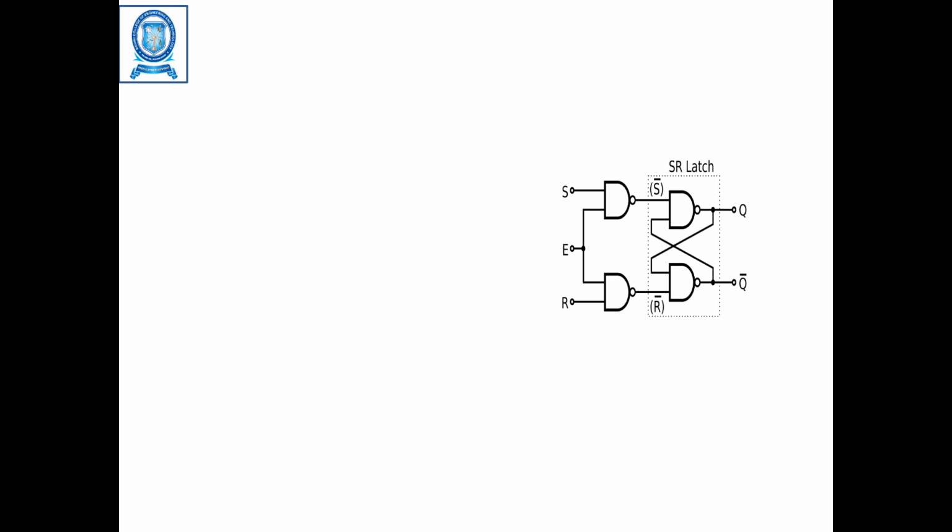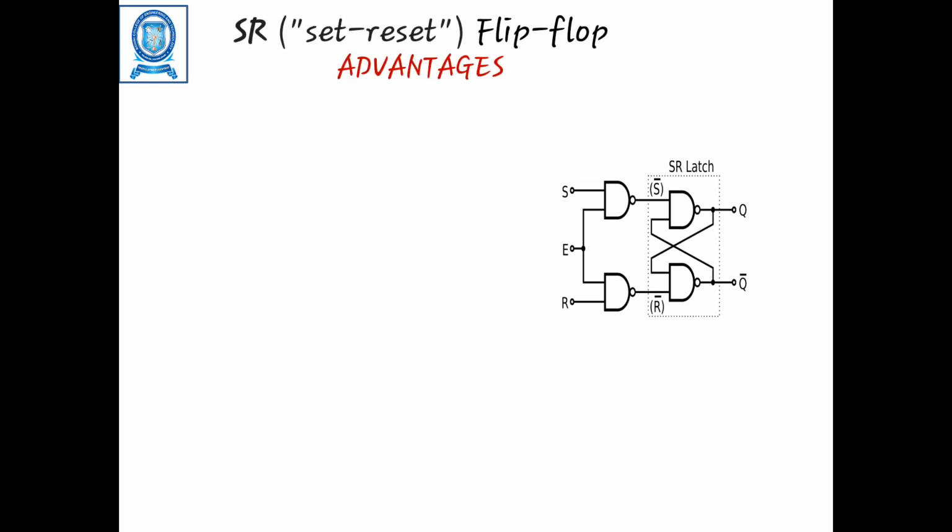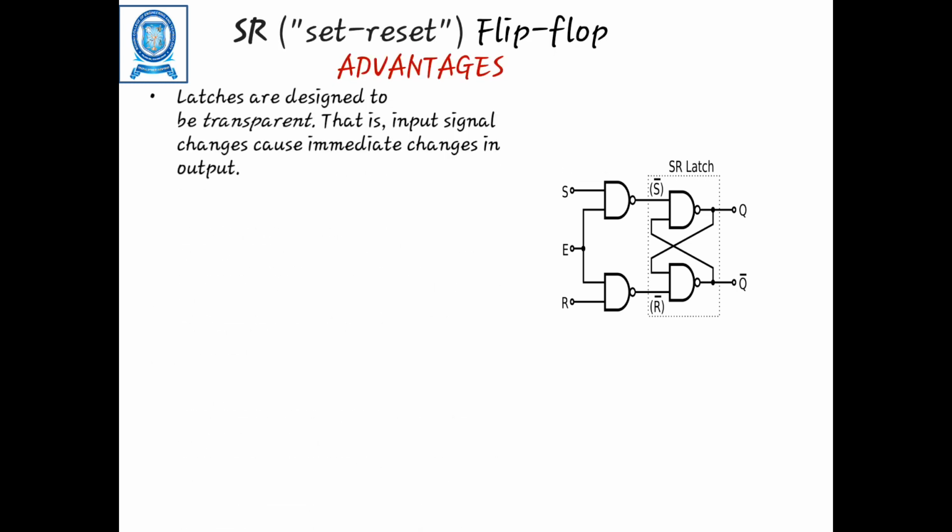Before moving to SR flip-flop, we have to know about SR latch. The difference between latch and flip-flop is only the way of triggering. Latches are designed to be transparent, that is, a change in the input signal causes an immediate change in the output.